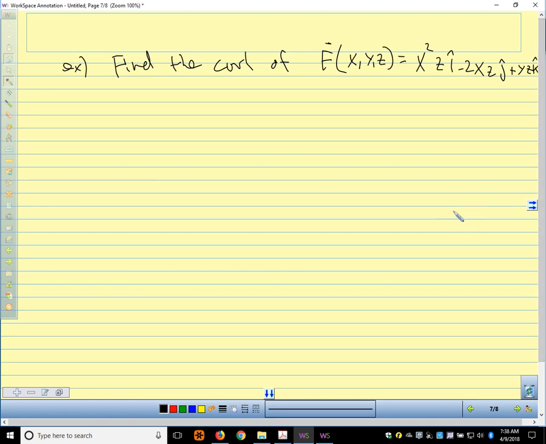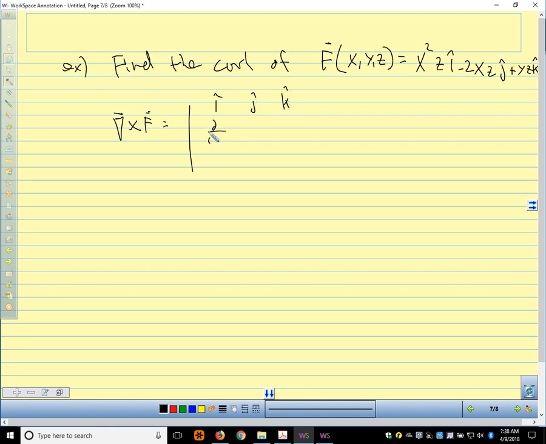That's a pretty complicated vector field. Not complicated in terms of how we write it, but I think it would be hard to visualize. So the curl, del cross f, is going to be this vector.